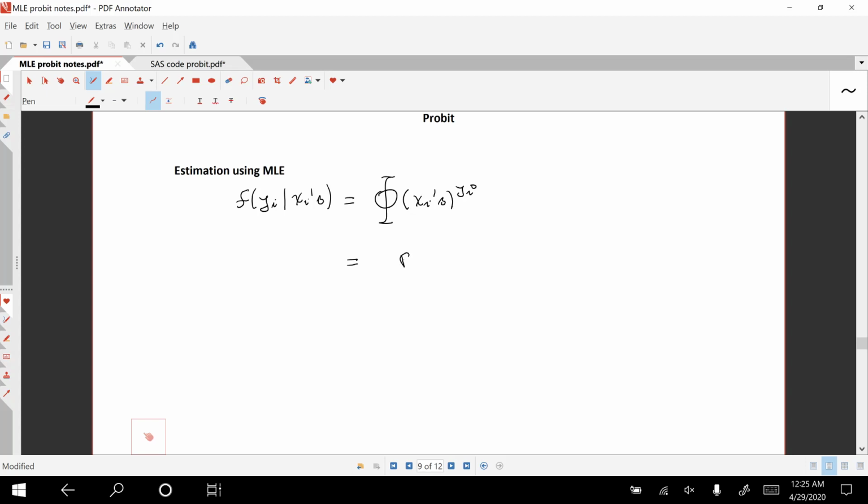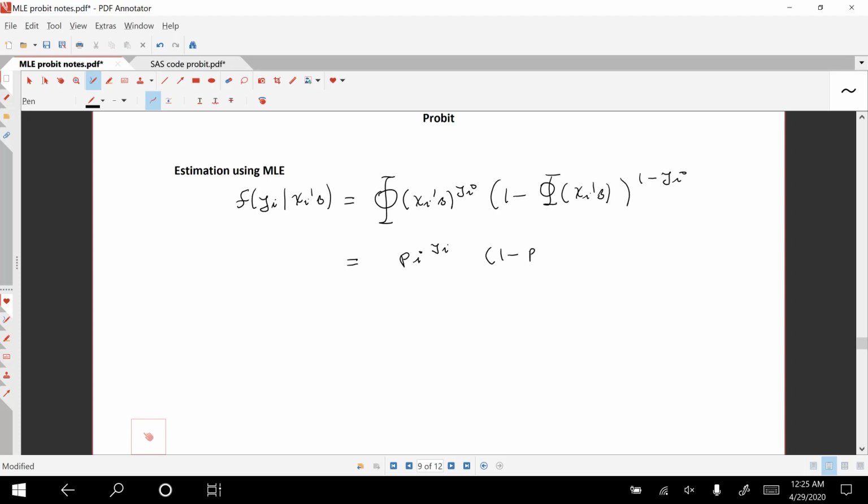Remember, before we called this thing pi to the yi, but now we have a specific function for pi, times 1 minus the CDF evaluated at xi prime beta, to the 1 minus yi. So this is the PDF.